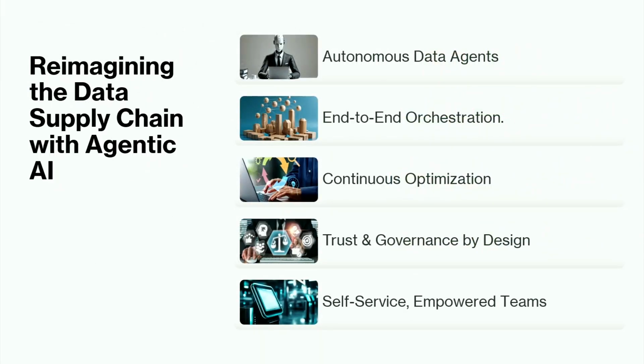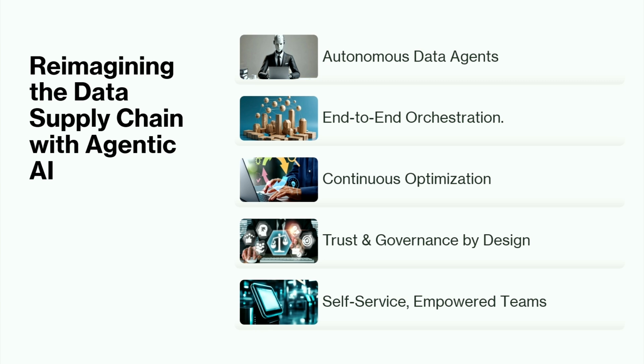Now, agentic AI is reimagining the data supply chain by bringing in autonomy and intelligence at every phase of the data supply chain. And that's been done by firstly augmenting human decisions and tasks with intelligent recommendations, and then automating the repetitive operations across the lifecycle.